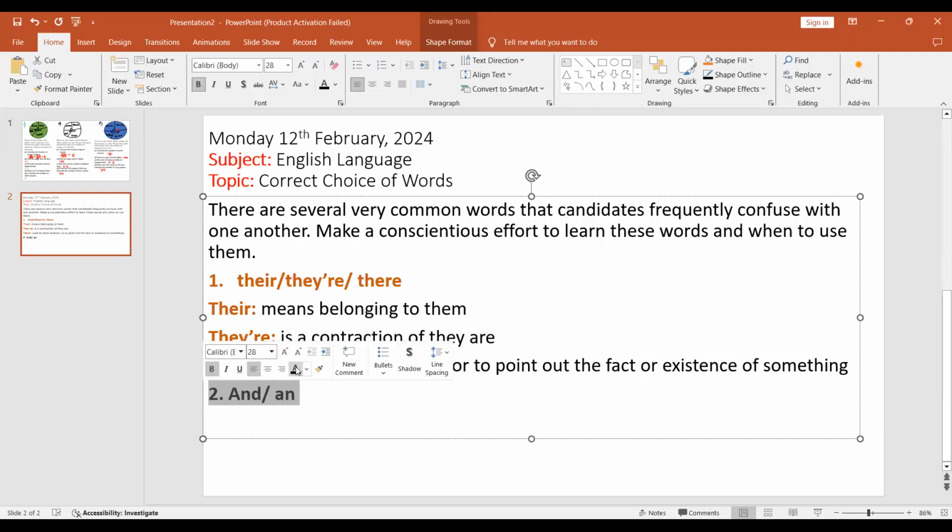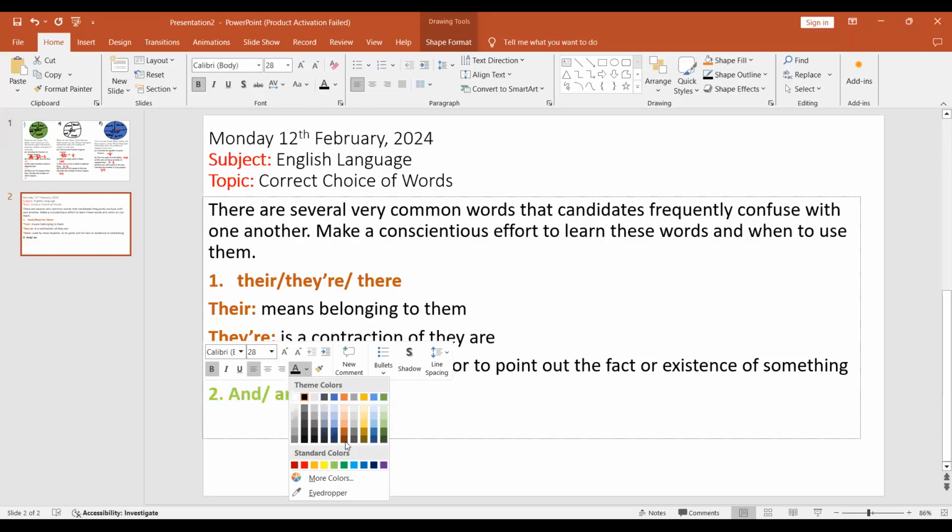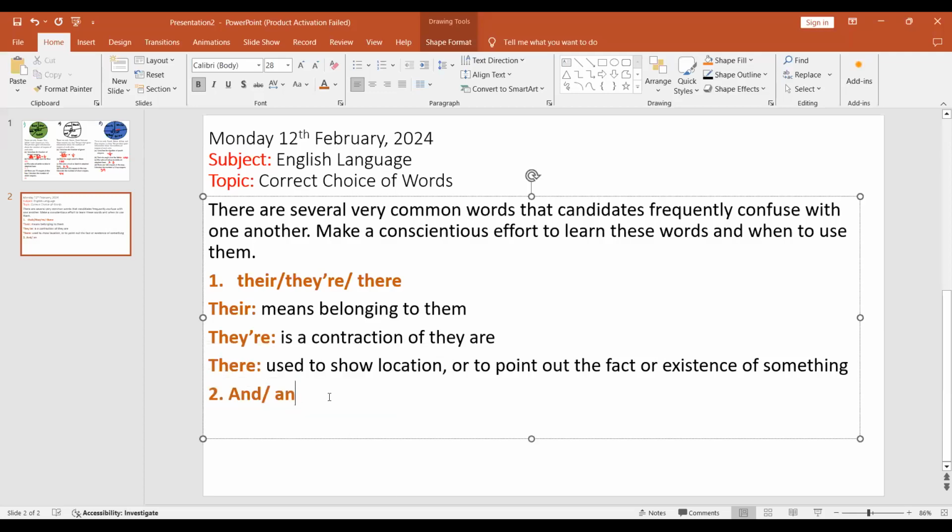Hopefully y'all don't confuse them. They are easy, not to be confused. So the first an, A-N-D, is a what? This is a conjunction. So it joins what? It could join two independent clauses, right?